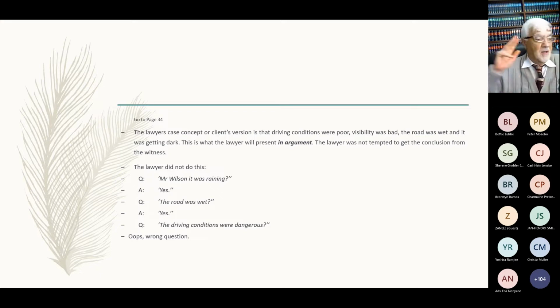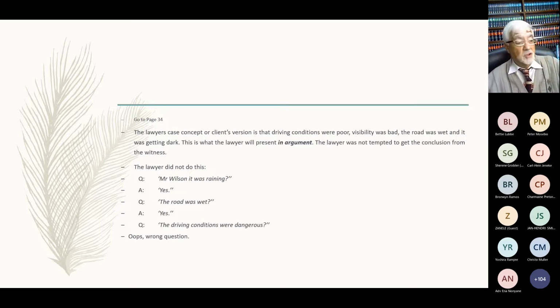So there's an example. Mr. Wilson, it was raining, yes. The road was wet, yes. The driving conditions were dangerous. Do you see? That's the wrong question.